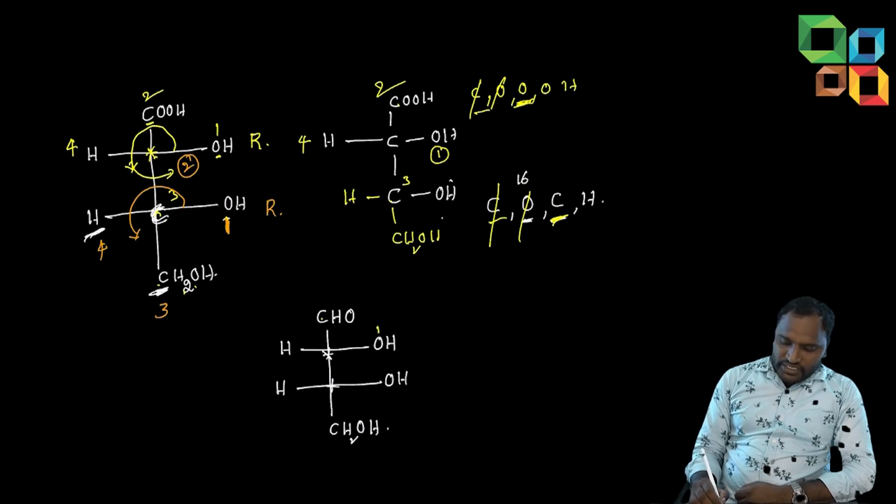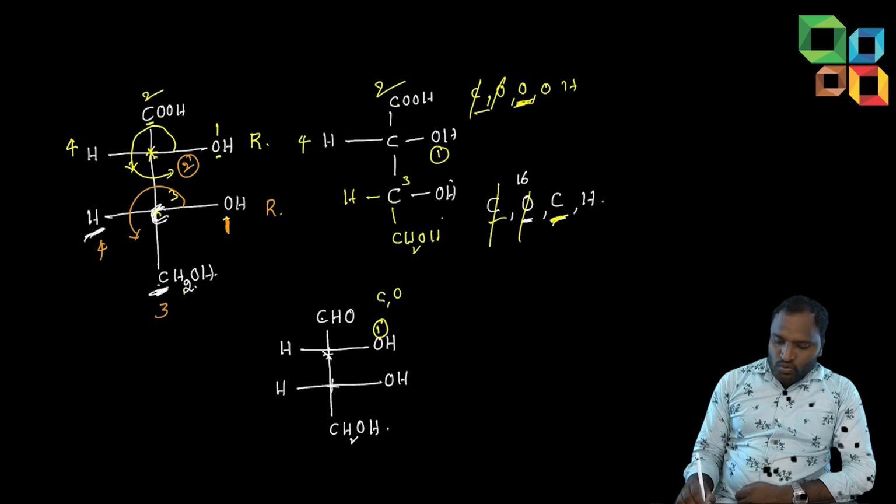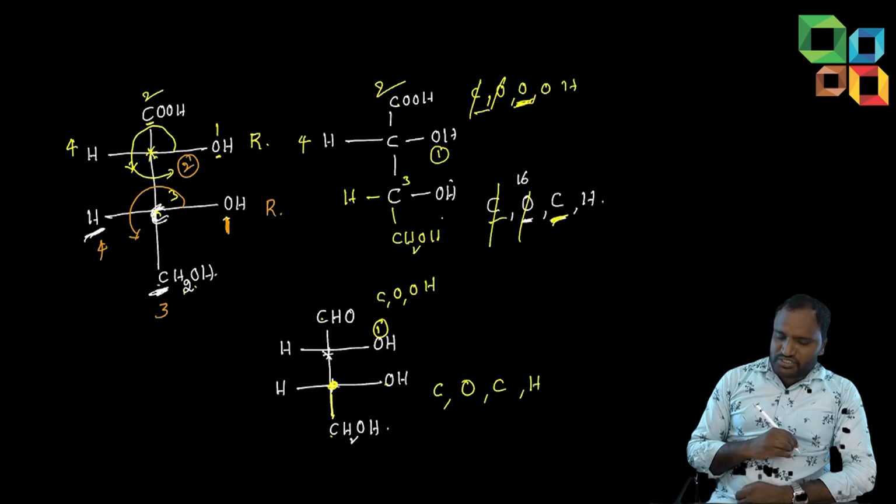O, C, H, C. Which will get first priority? O will get first priority. Next, here CHO, and COOH. What are the groups around carbon? C, O is there, no? O I will write first. Again, C is there, no? C I will write. Next, hydrogen. This much is enough to decide.